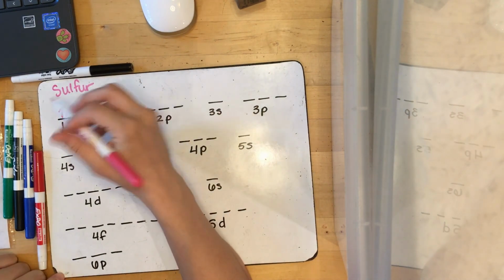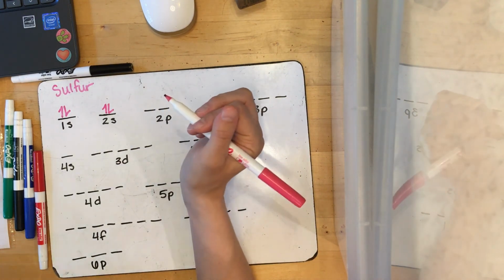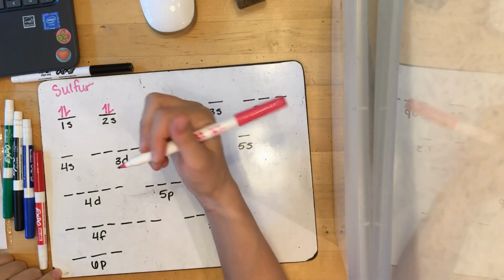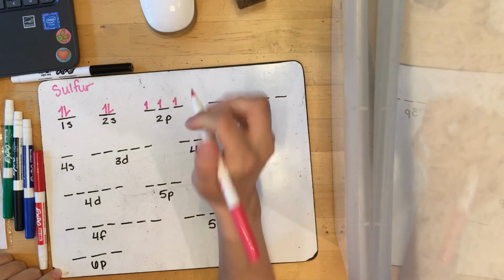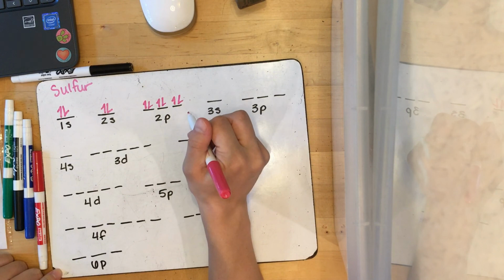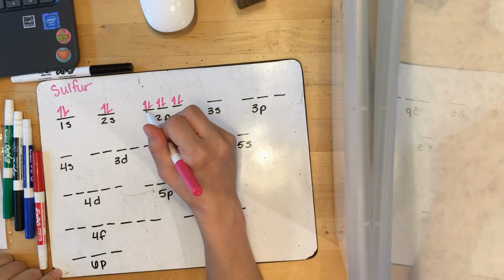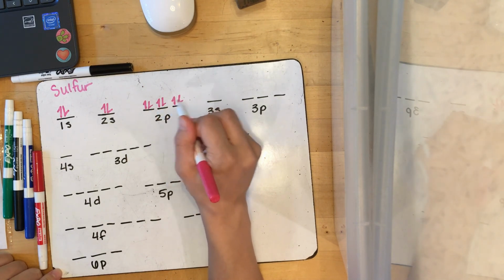So then next we go to 2s. We also had 2. Then to 2p, we had 6, 2p6, so it was 1, 2, 3, 4, 5, 6. I fill them in that way because we need to only have 1 electron in each orbital before we can go back and pair them up.